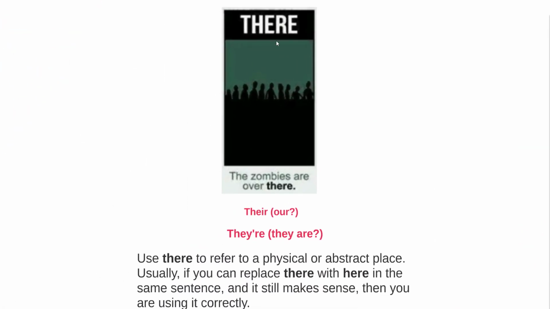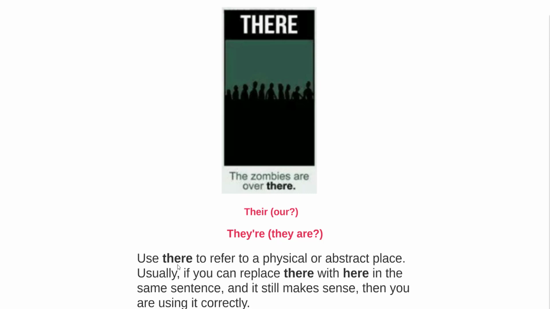First, there, spelled like this. The zombies are over there. We use there, spelled like this, to refer to a physical or abstract place.